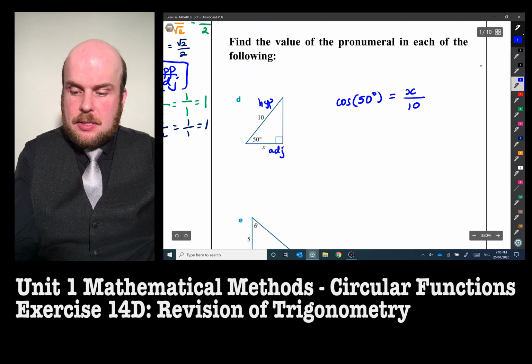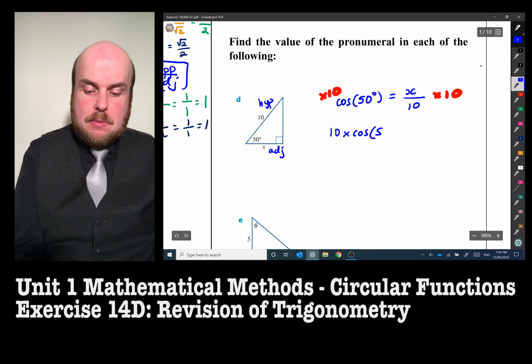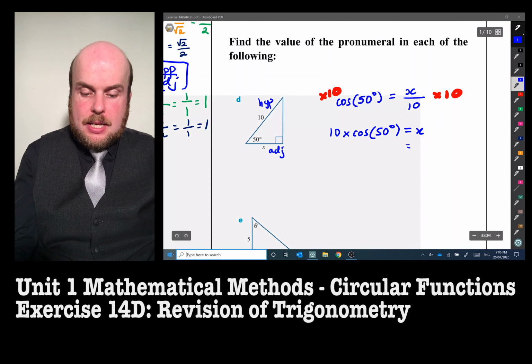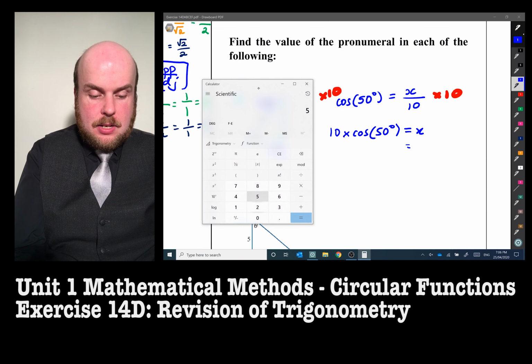So therefore, using some algebra here, I'm just going to times both sides by 10. And then what I get is 10 times cos of 50 degrees will be equal to x. And so that is going to be equal to, let's bring up our calculator here. 50 cos.